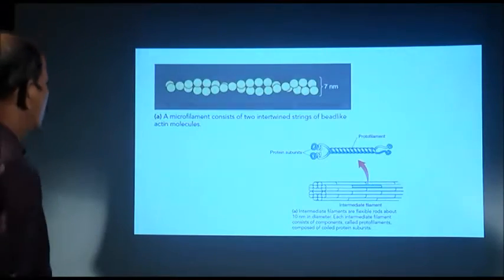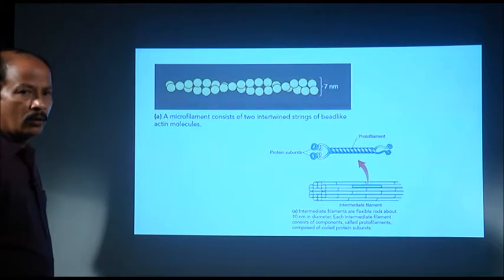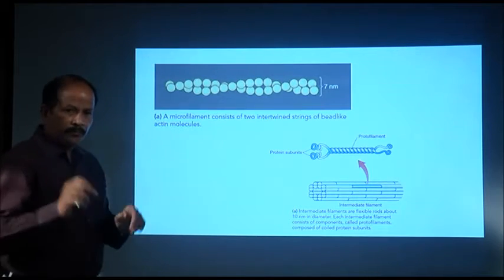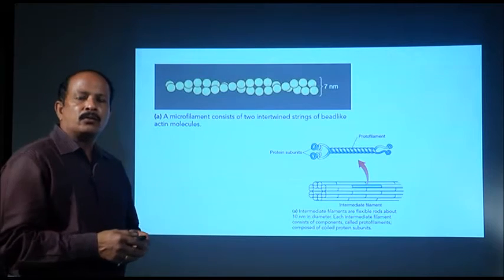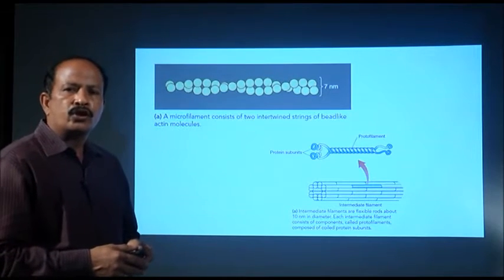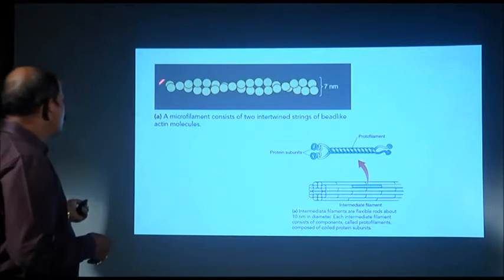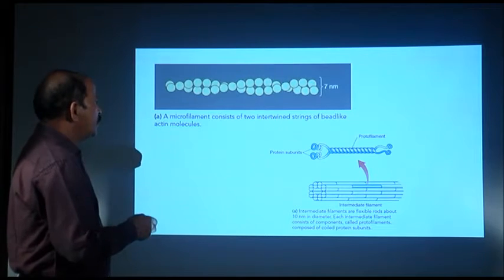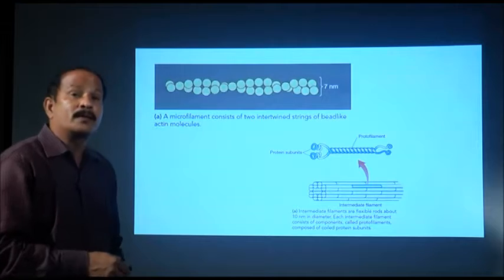So, now I told you three types of protein filaments, that there are three kinds of protein filaments, they constitute the cytoskeleton of cells. So, one is microfilament, then intermediate filaments, and in the next slide there is microtubules.